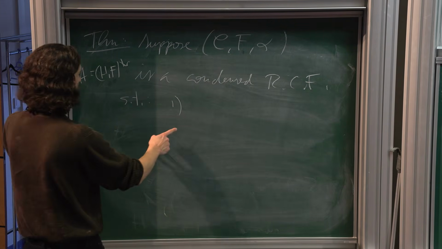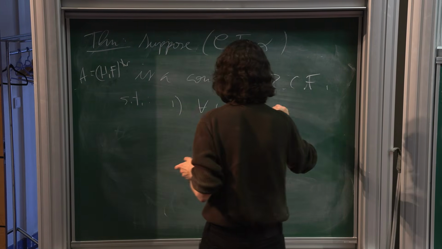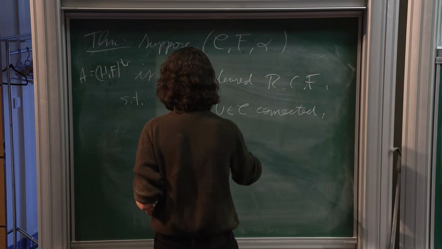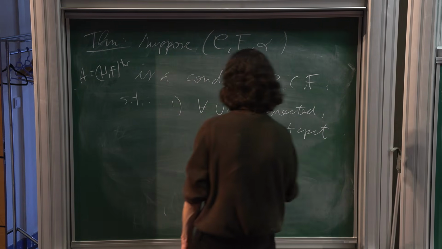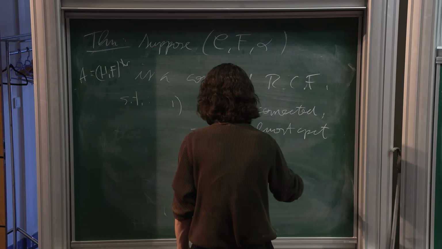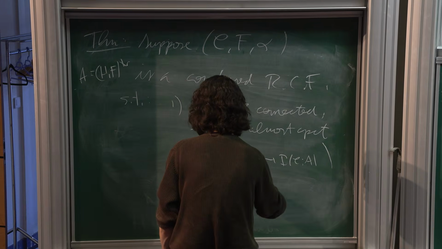Right, so for all U in C connected, A of U is almost compact. And the kernel of the map from A of U to the global sections of A is compact.